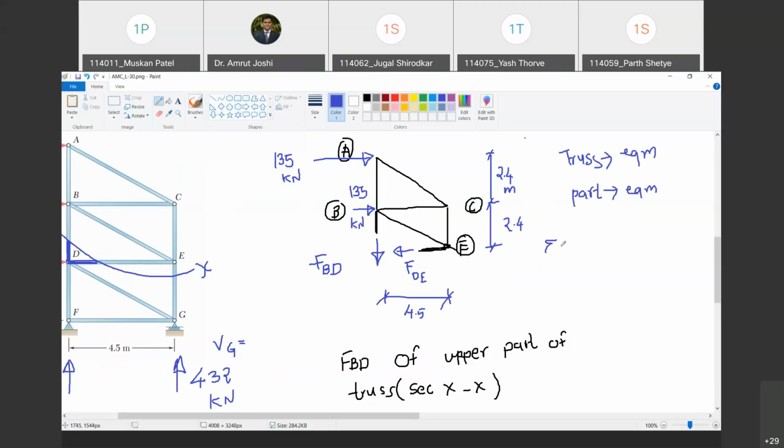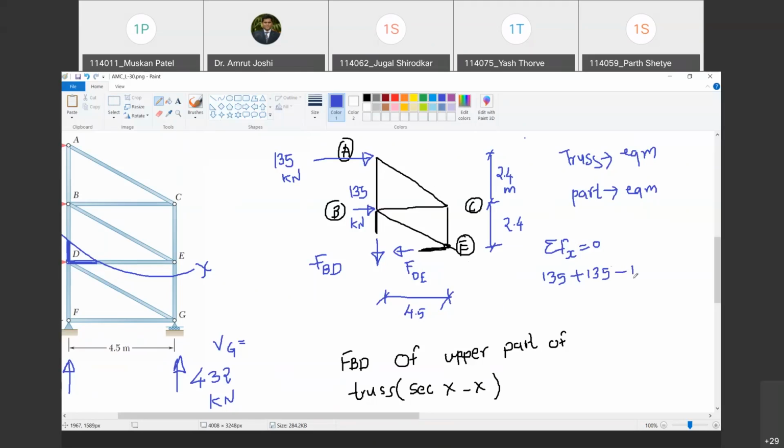Yes. So if I apply summation Fx equal to 0, what do I get? 135 plus 135. Do you agree with me? Yes, sir. Plus this 135. Will it involve any contribution of FBD? No, because it is vertical. So there is no question of contribution from FBD. And what about FDE?